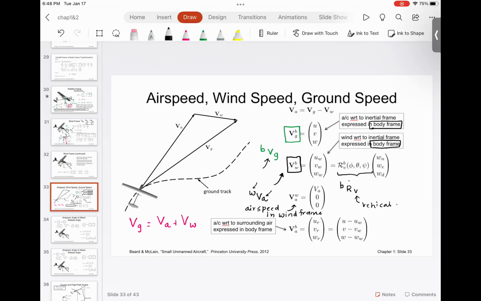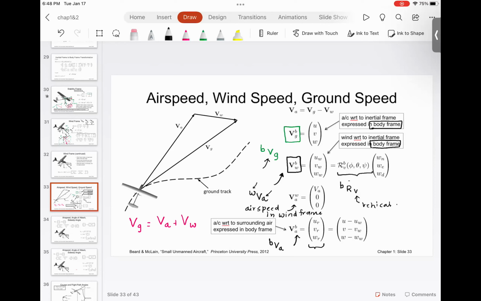And then, if you want to convert this airspeed into the body frame, you have this guy. I just need to be super duper careful here, and I want you to understand this.